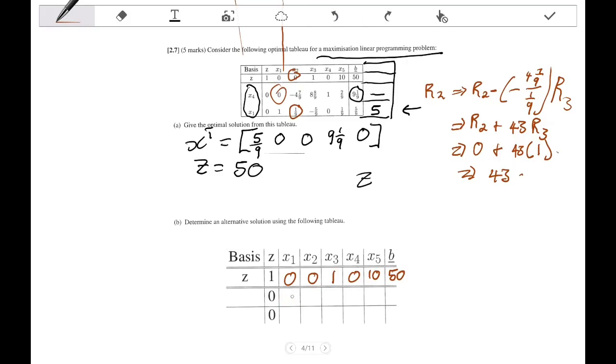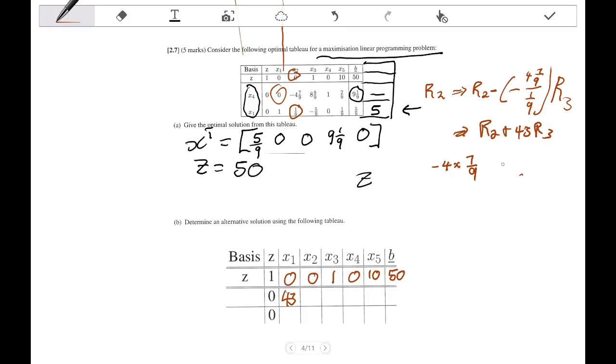Then 43, we'll move on to the next one. So you still have R2 plus 43 R3. Then for this one is going to be minus 4 times 7/9.